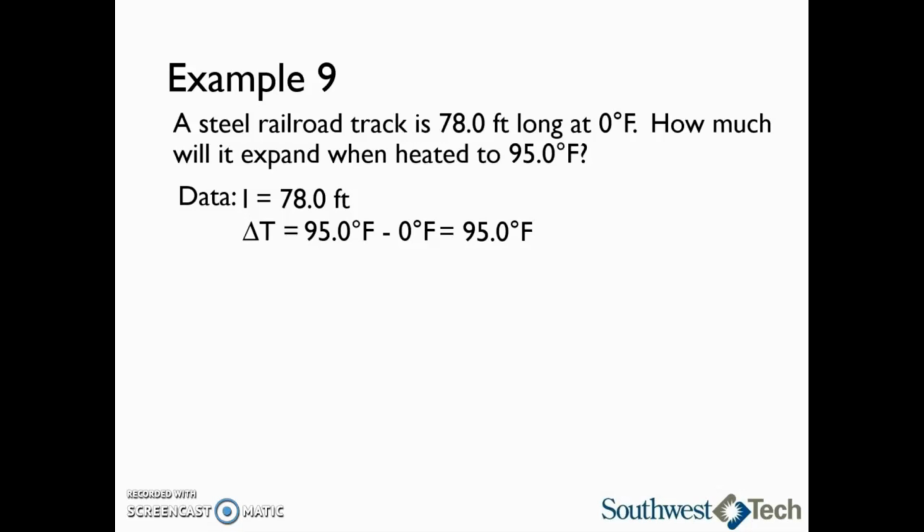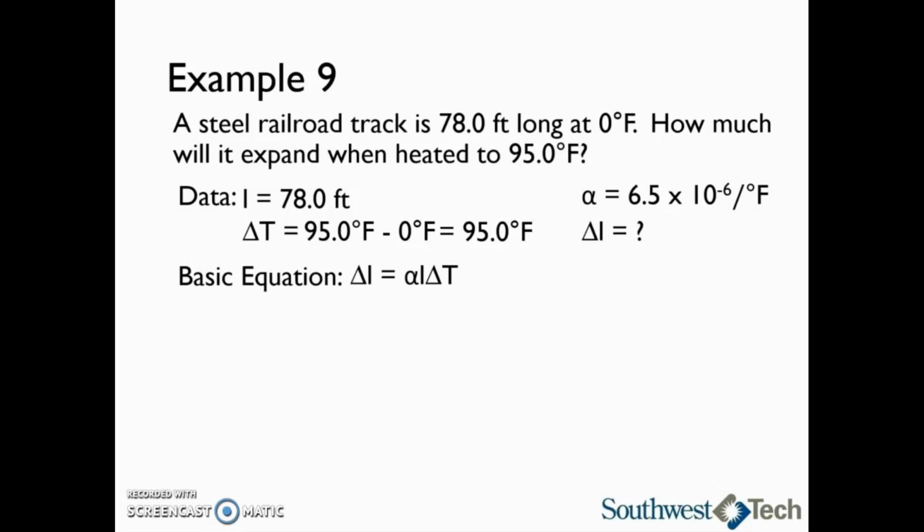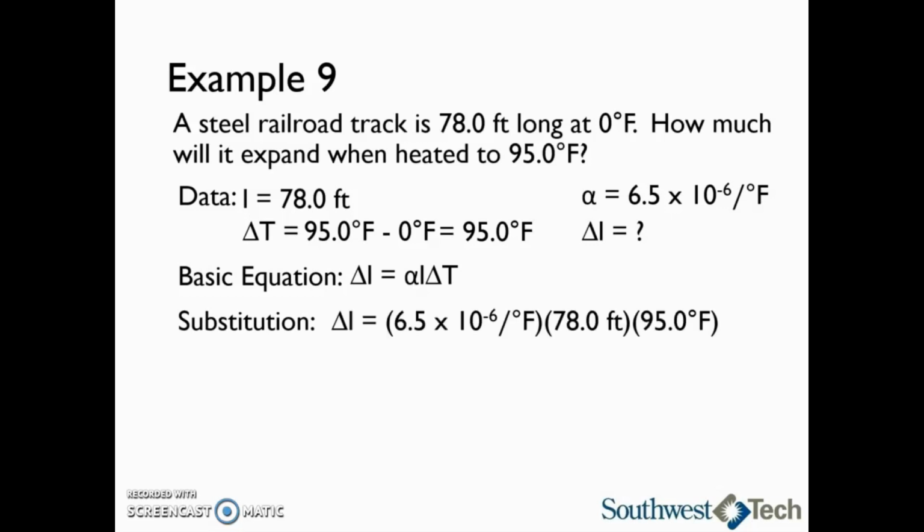Since we are looking at steel, we need to find the coefficient of linear expansion from a table, which is 6.5 times 10 to the minus 6th per degree Fahrenheit. In this problem, we are trying to find the change in length, delta L. The basic equation we will use for linear expansion is that delta L equals alpha times L times delta T. Next, we can substitute into our basic equation.